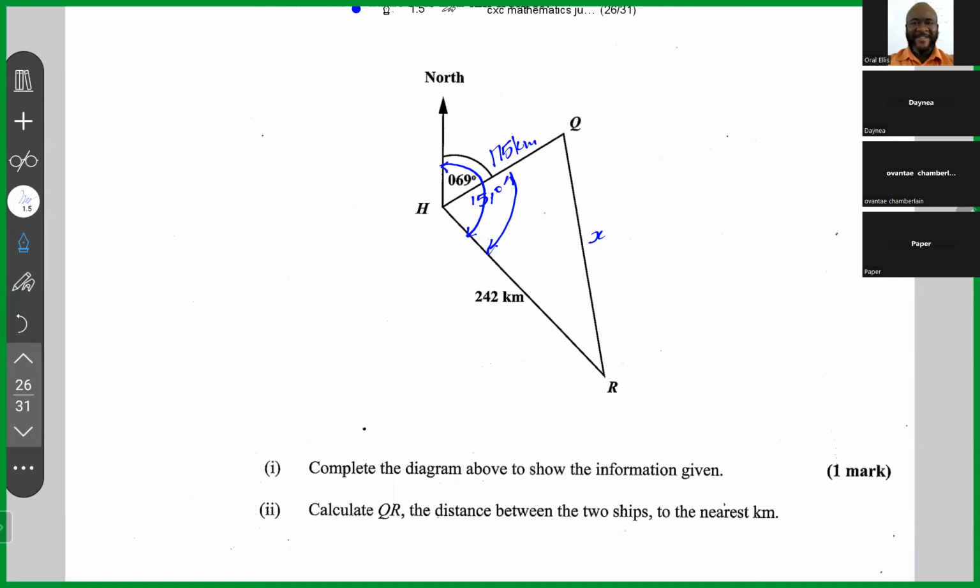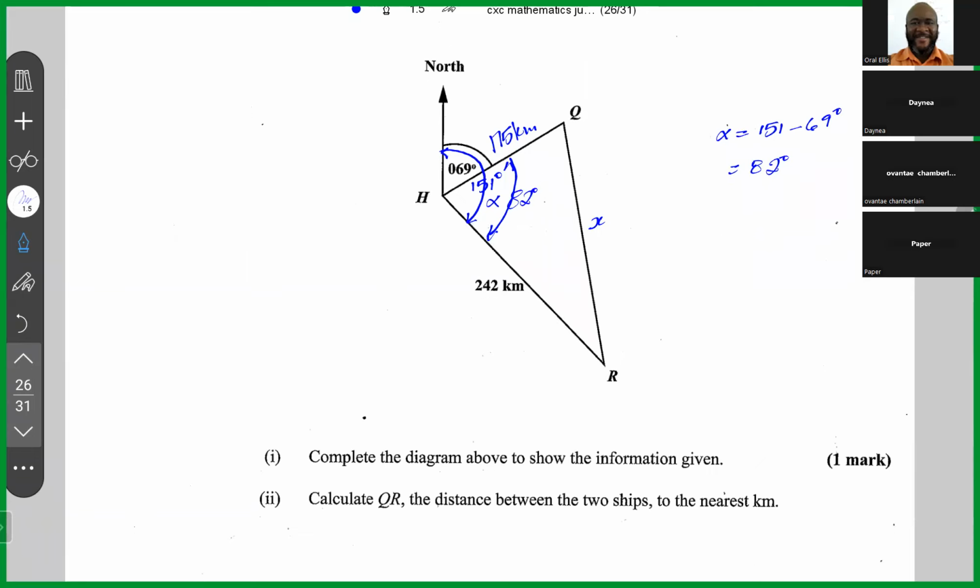Let's call it alpha. Alpha is equal to 151 minus 69 degrees. So alpha is 82 degrees.